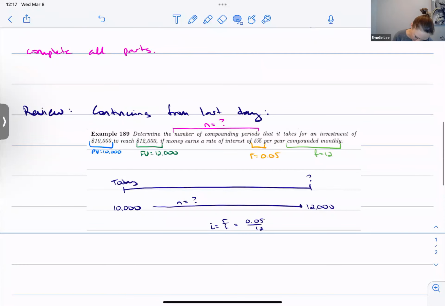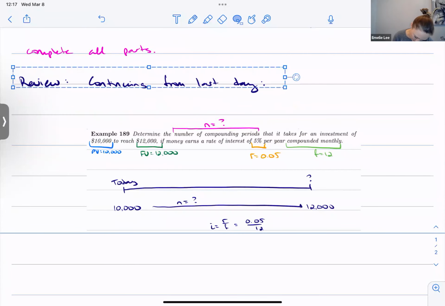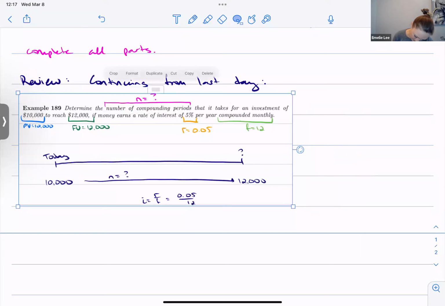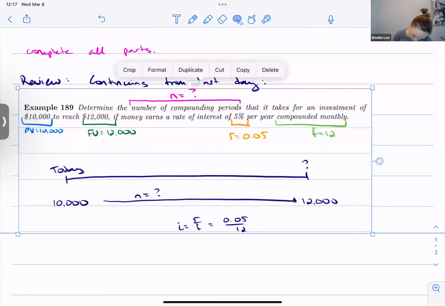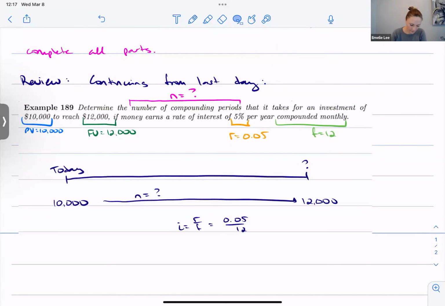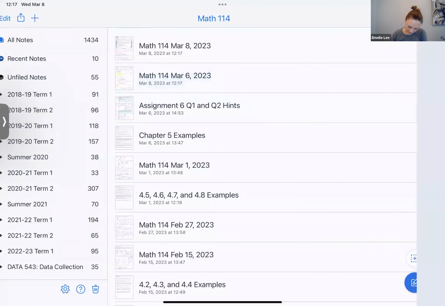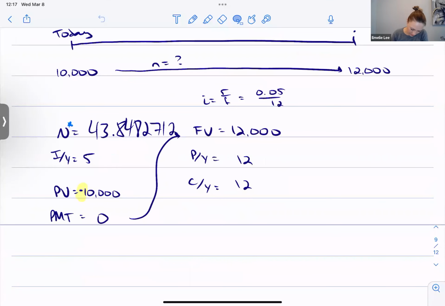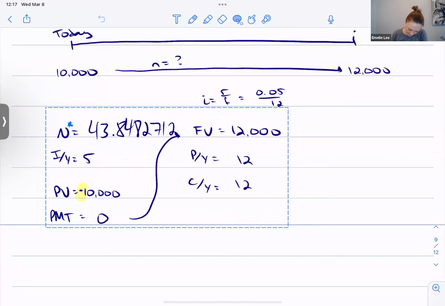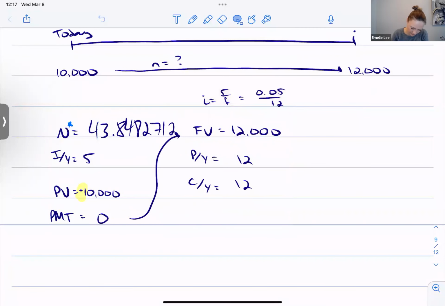Actually, let's bump this up a little bit. Give myself a little bit more space. Okay. And also we did this on our calculator.